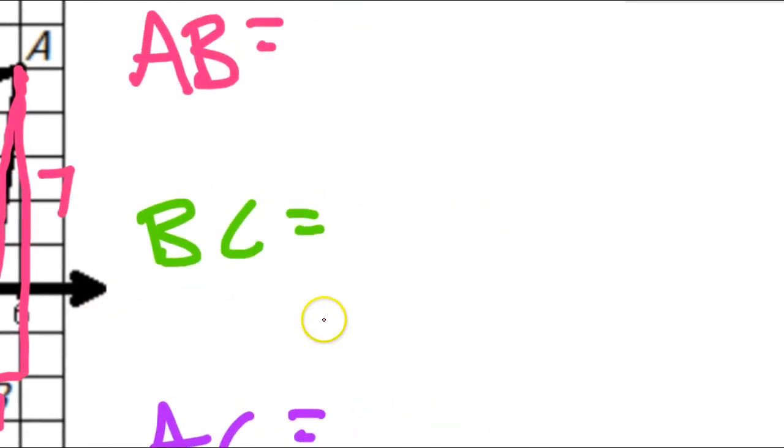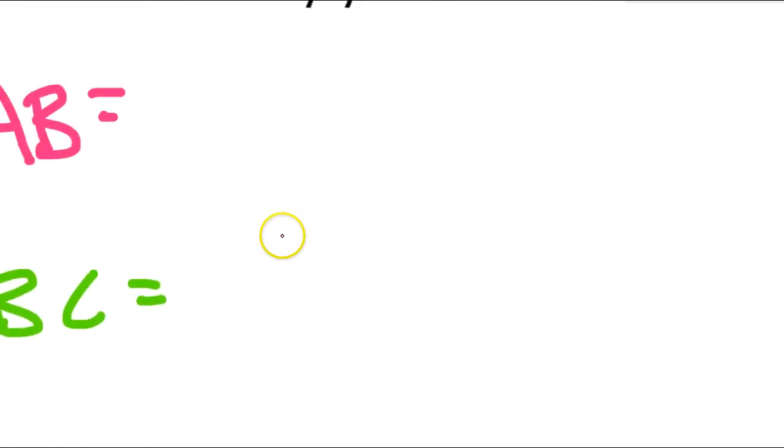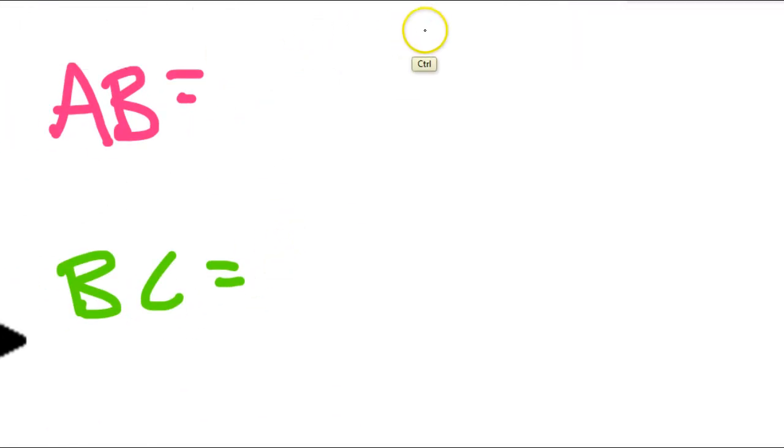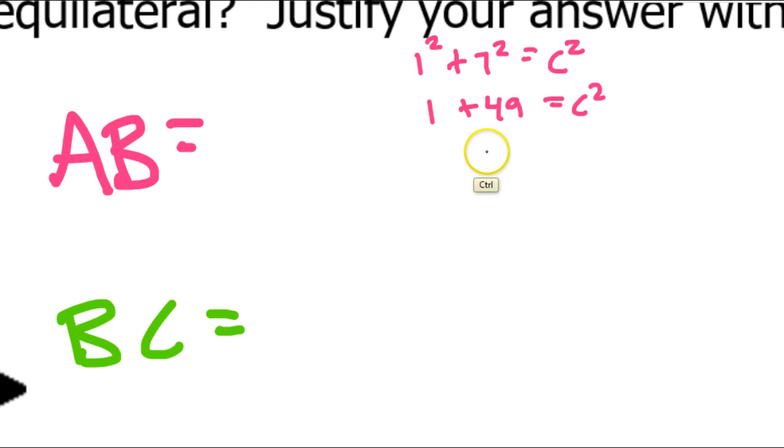So here's where the Pythagorean theorem comes in. I'm looking for the hypotenuse. So that's going to be c. So a squared plus b squared equals c squared. So that's what I'm about to do. So 1 squared plus 7 squared is equal to the hypotenuse squared. Well, that's 1 plus 49 is equal to the hypotenuse squared.